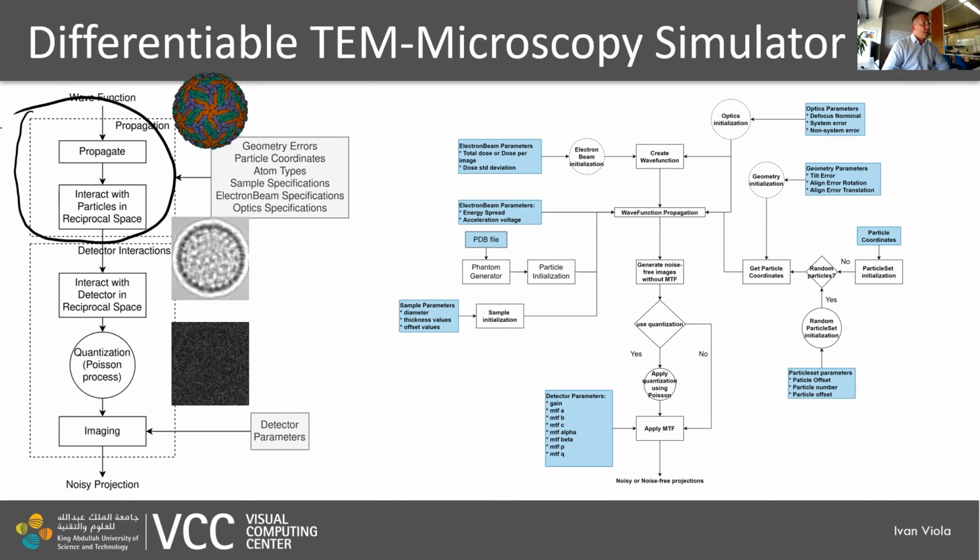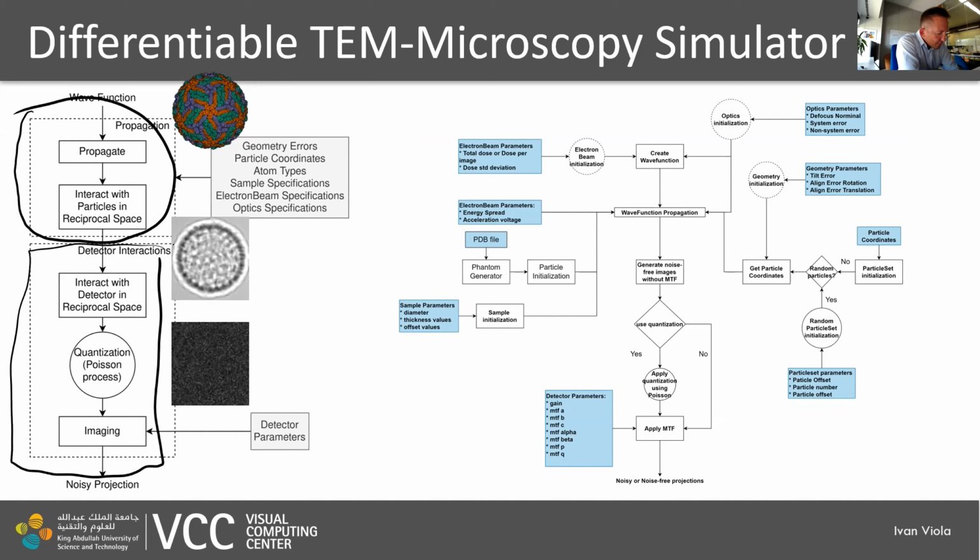So these parts are to a large degree differentiable. We are still working on it to make it differentiable. We are not complete in this part, but we have so far focused on the differentiability in the detector.